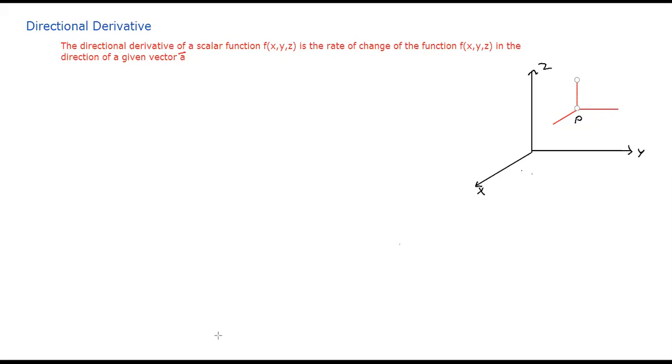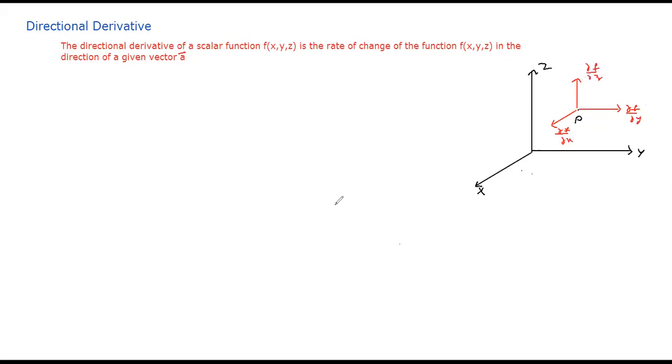In this direction we are calling it dou f by dou x, in this direction dou f by dou y, and along the z axis direction it is dou f by dou z.